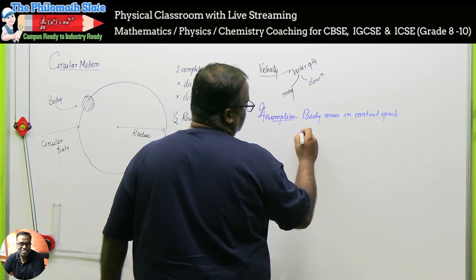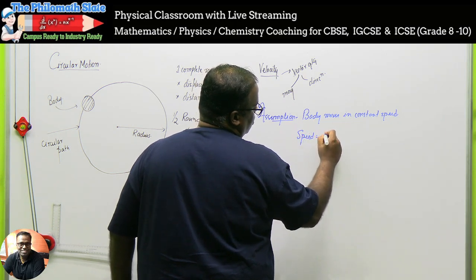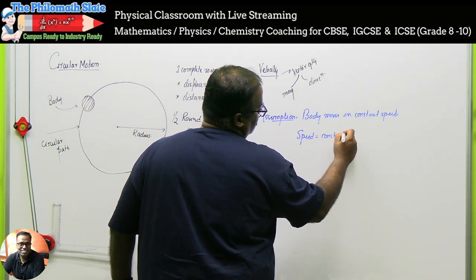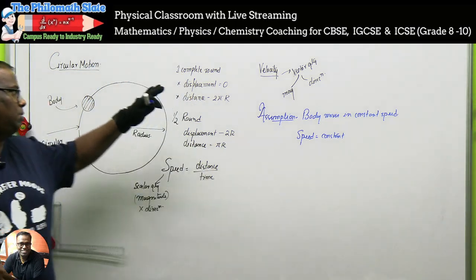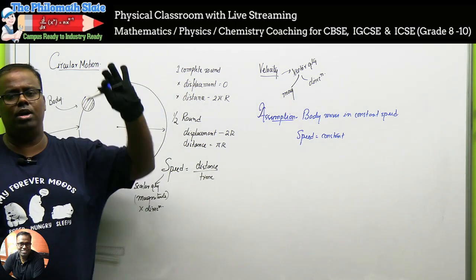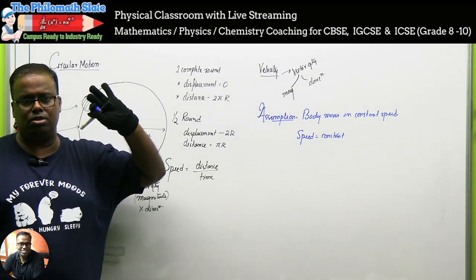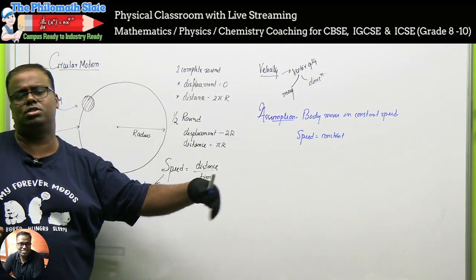That means the value of speed is constant. Understood? Like the way a DVD disc moves, or the hands of a clock are moving, it's moving at constant speed, right?